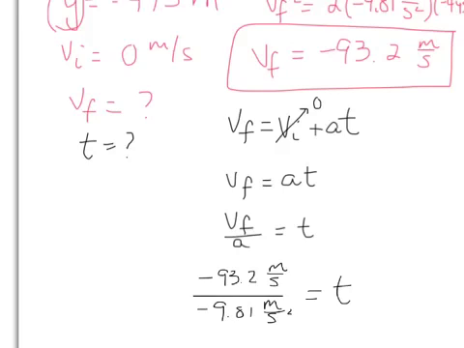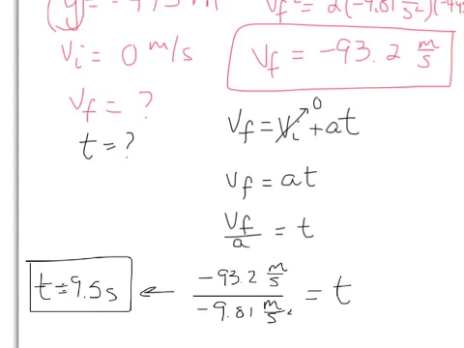And clearly they're both negative, so we get a positive time. This turns out to be a time of 9.5 seconds. The alternate solution here is to use y equals VIT plus 1/2 AT squared, realizing that the VIT term drops off, and you could then solve for t. But again, you'll get the same answer, no difference.